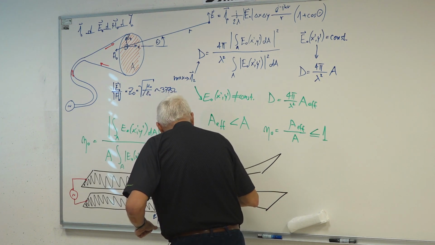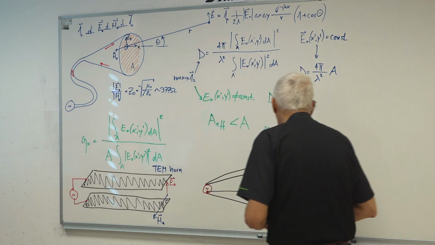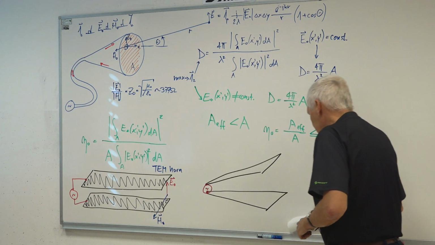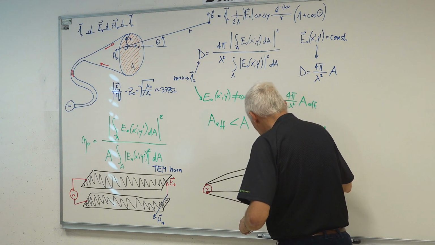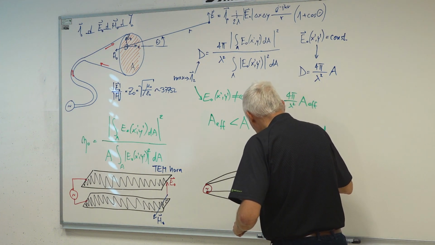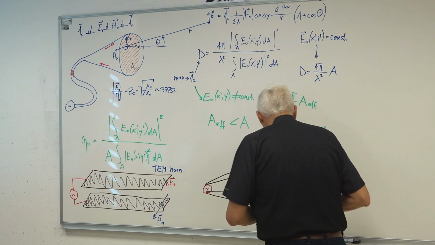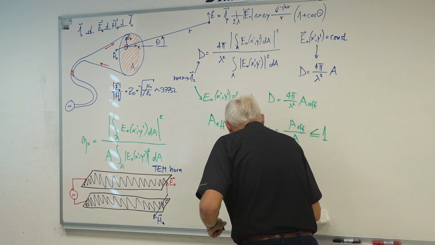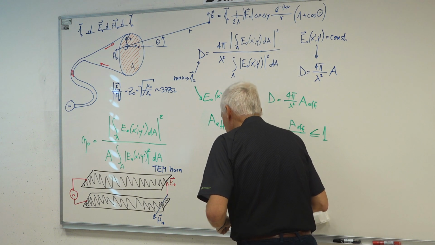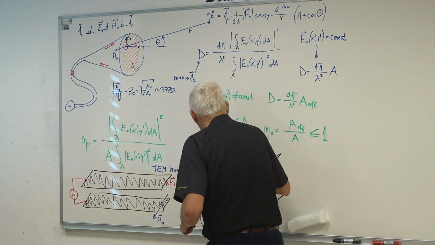So here is the generator, supplying these two plates, a pyramidally opening line, and we have the electric field E on the aperture and the corresponding magnetic field. This should really be called a TEM horn.